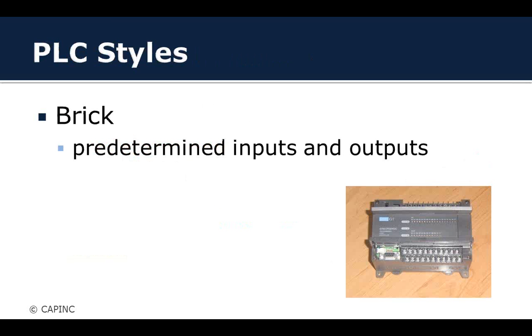For example, you have brick-style PLCs that have a predetermined number of inputs and outputs. If you take a look at that PLC on the bottom of the PowerPoint here, you take a look at all the screw terminals there. There's a lot of connections there. And each one of those connections is doing a different thing for input and output. One might be controlling a sensor. One might be displaying whether to turn a light on or off on the front of a cabinet.